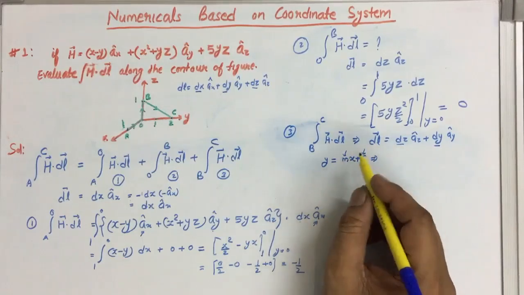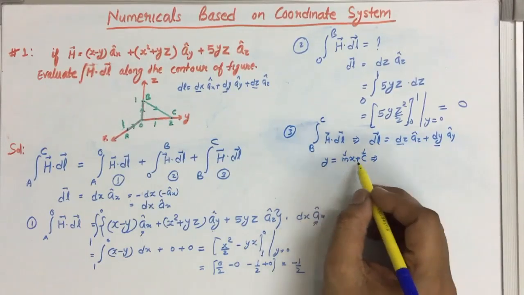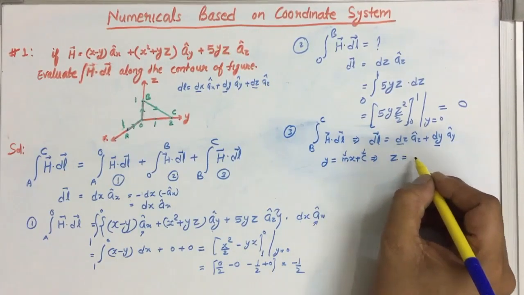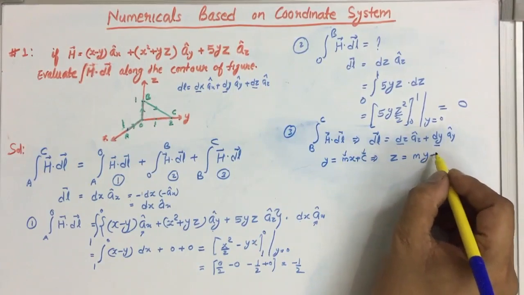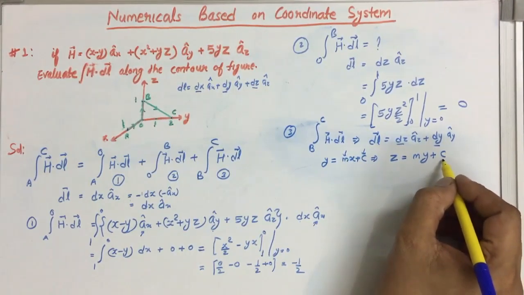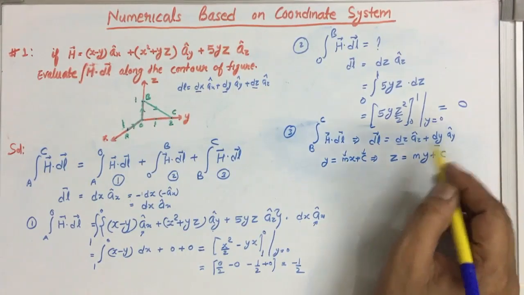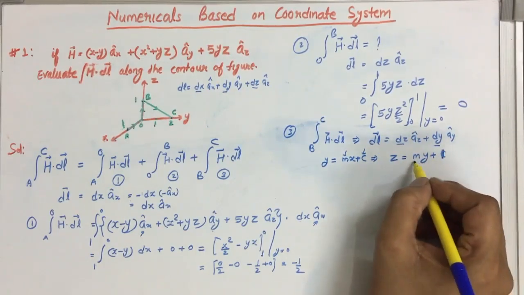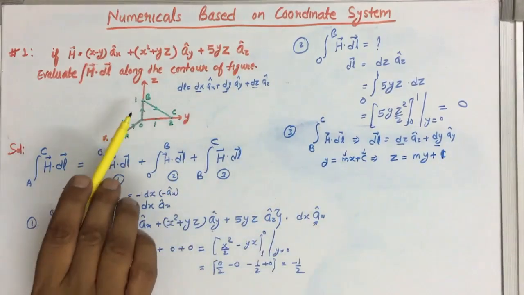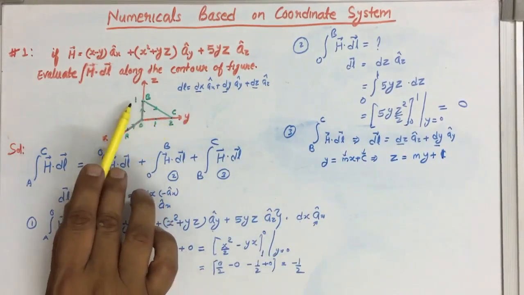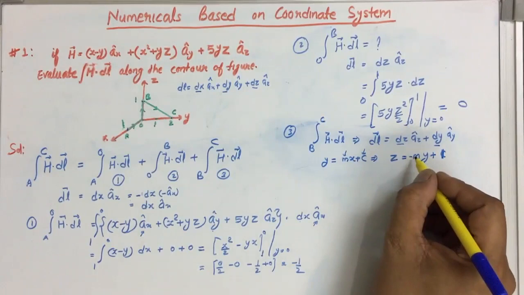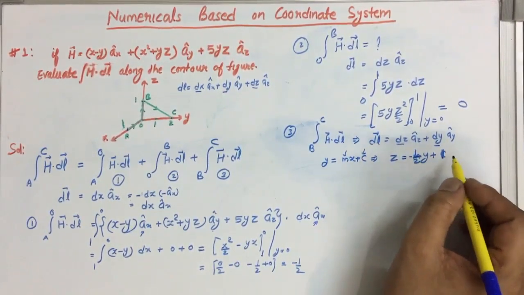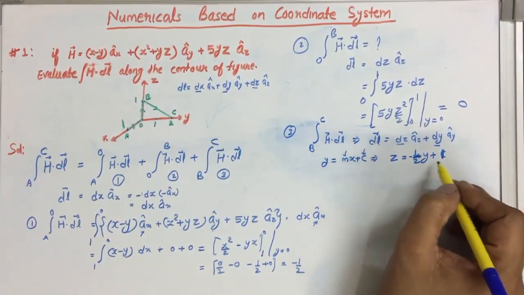If the line is in the zy plane or yz plane, then it should be z is equal to my plus c, where c will be the z-intercept, and the slope will be the negative slope 1 by 2. So it will be minus 1 by 2. Hopefully it will be okay. So z is equal to minus half y plus 1.